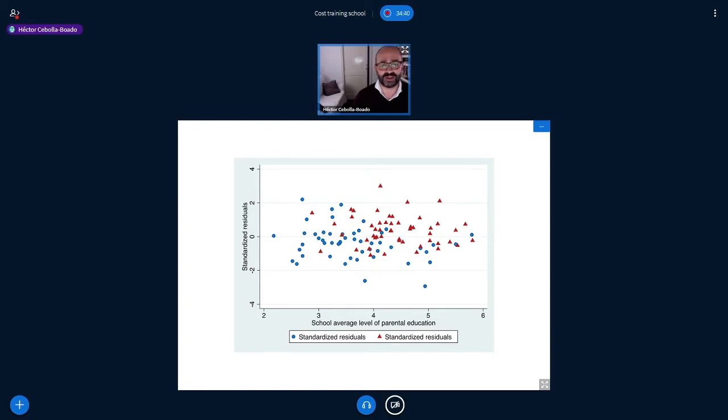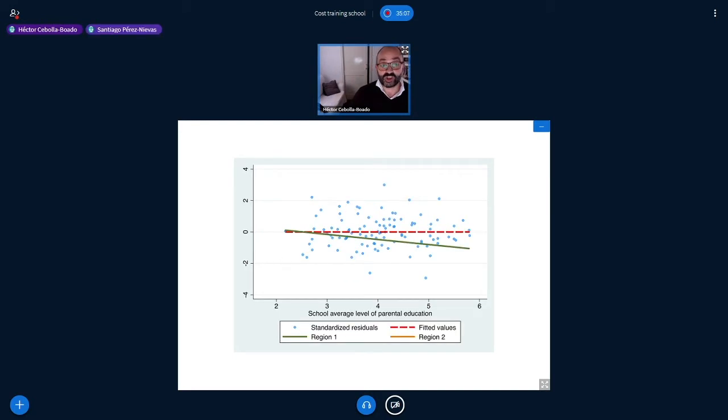There's a pattern according to which probably the red triangles are clustering preferably here, below 0, and there's a tendency, though it's less clear to see, that blue dots are also concentrated below 0. And it's actually below.